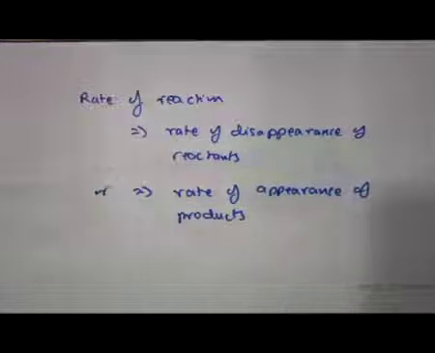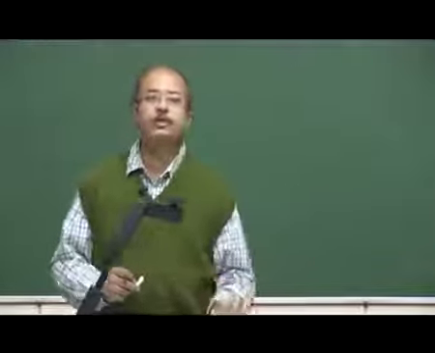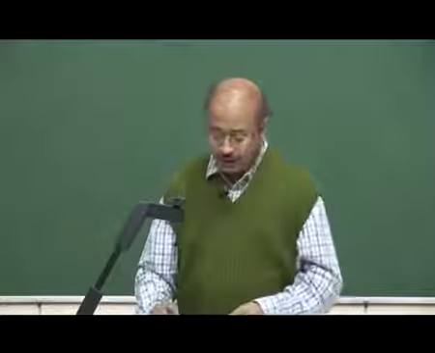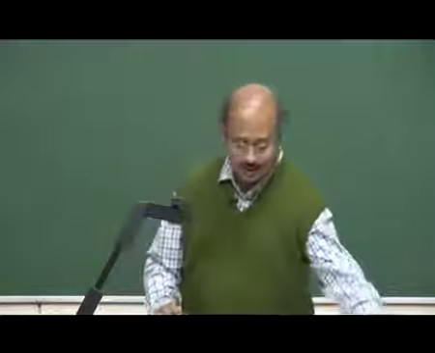So, you can either do it in terms of the reactants which are decreasing as a function of time, or in terms of products which are increasing as a function of time. We also discussed this last time.